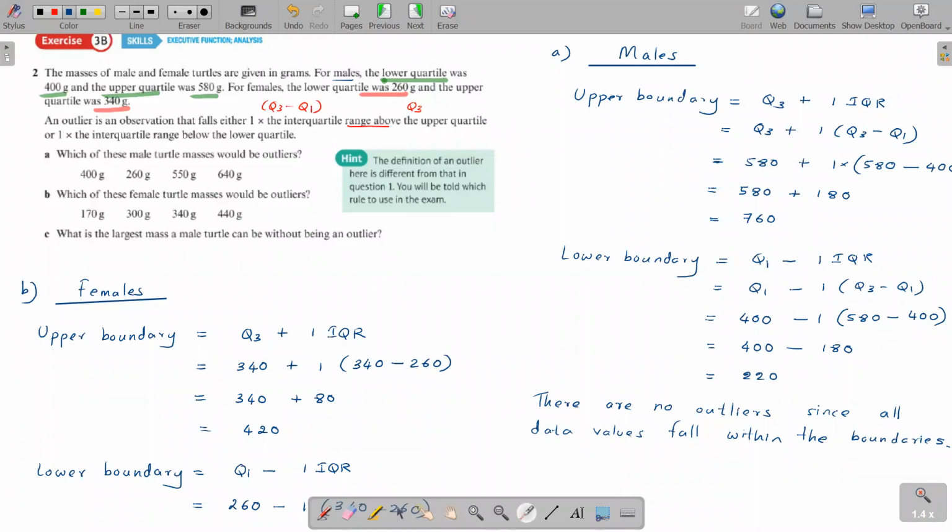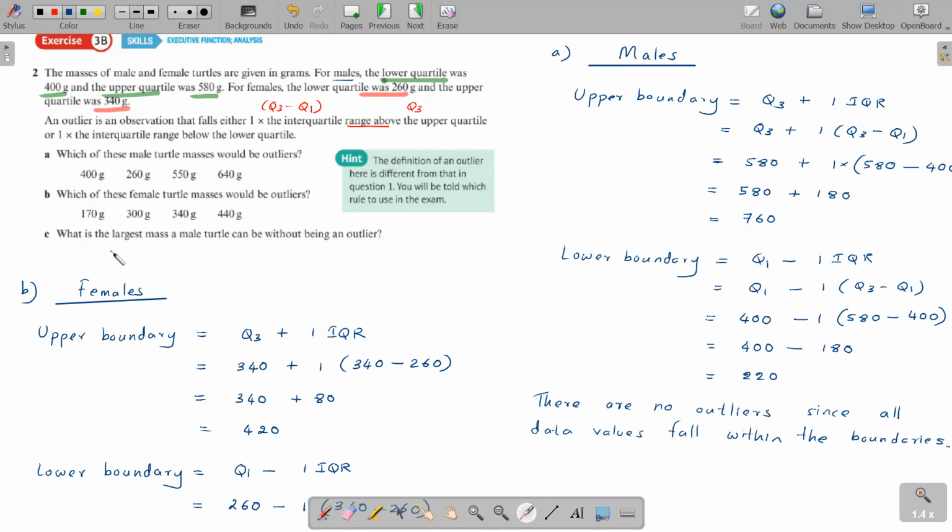Okay, so next let's attempt part C. What is the largest mass a male turtle can be without being an outlier? I have the male turtles here, and the upper and lower boundaries are found, the limits for outliers. If you exceed these limits, you become an outlier. But if you have the value of these limits or in between these limits, you are totally fine.